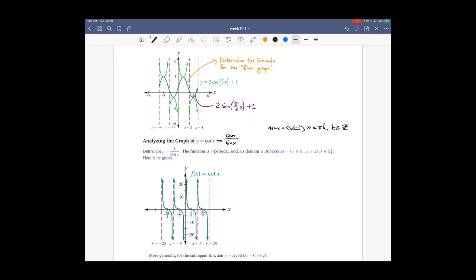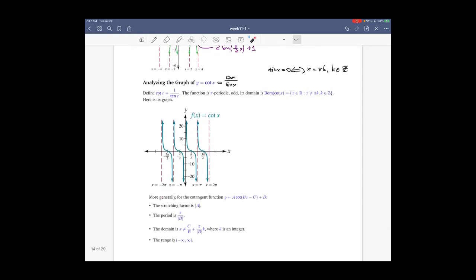So such real numbers, and only they, are where cotangent is not defined. So cotangent is defined for any real number except those that are integer multiples of pi.